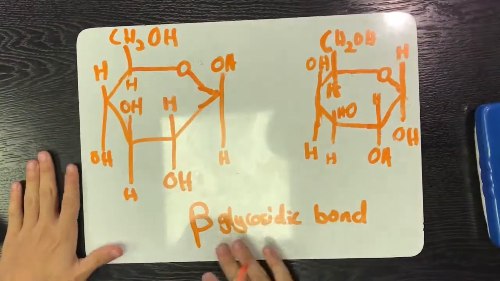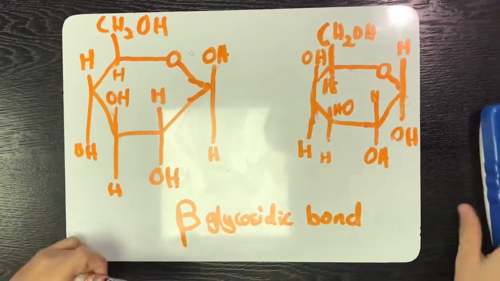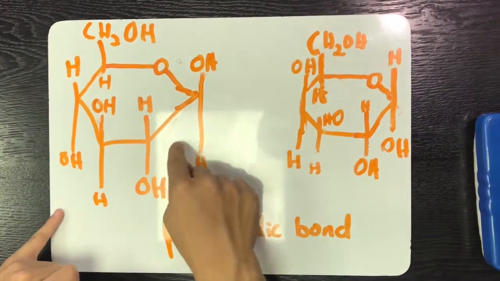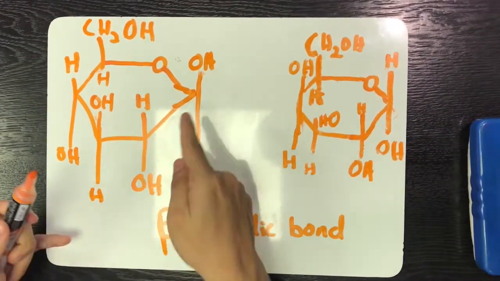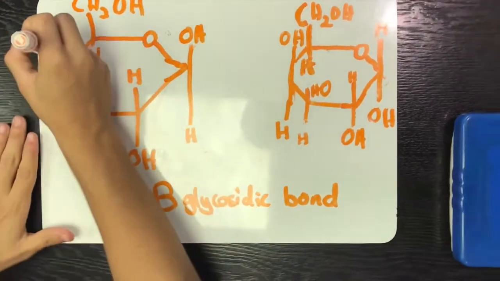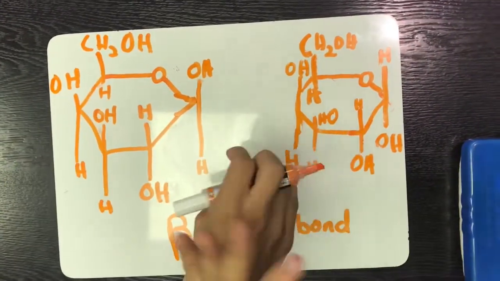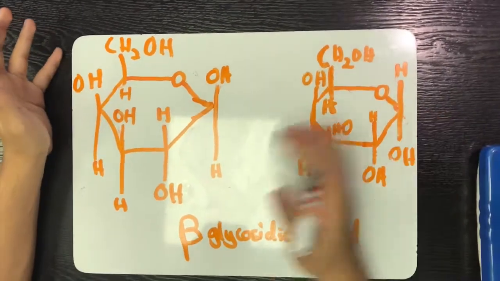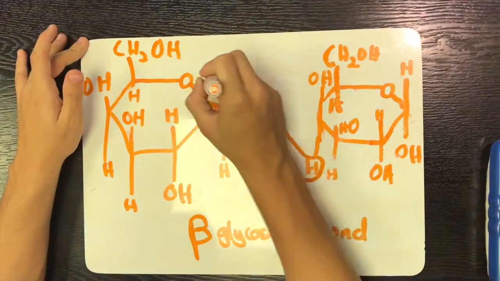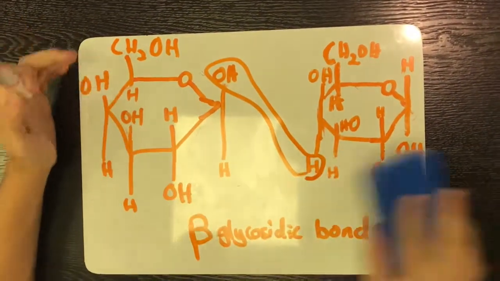Now, with beta glycosidic bonds, one important key factor is that it doesn't occur between two beta glucose molecules. It occurs between one beta galactose molecule and one beta glucose. So there has to be one beta galactose that reacts with a beta glucose. Once again, a molecule of water is removed.